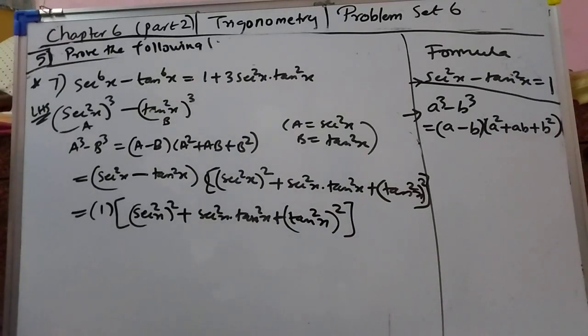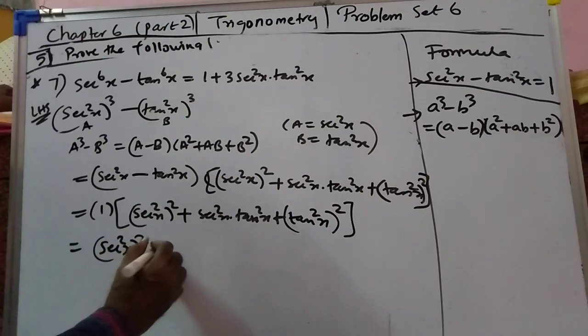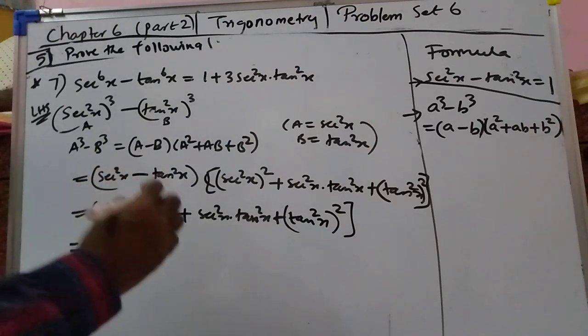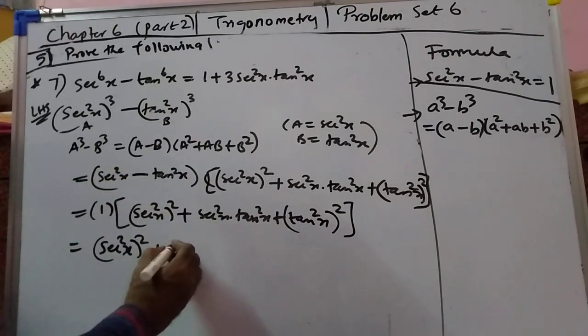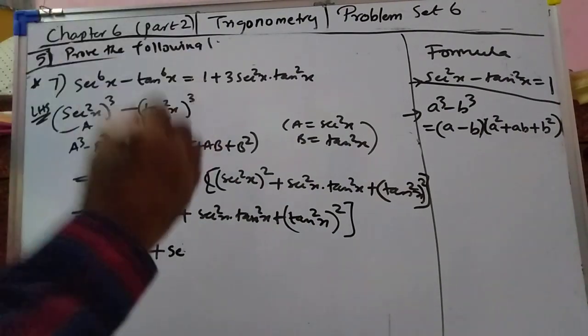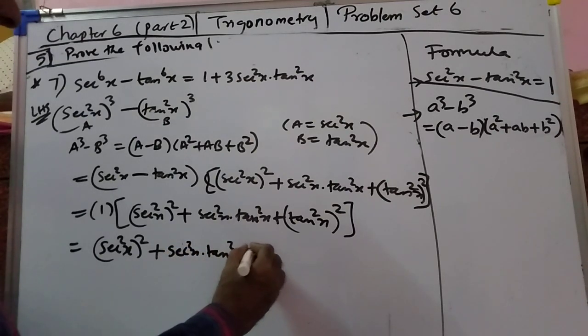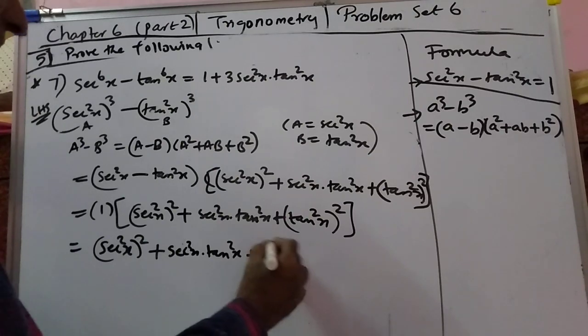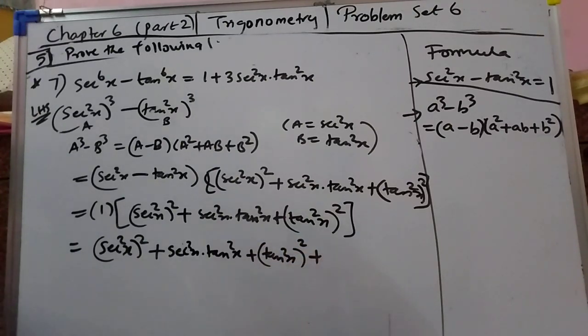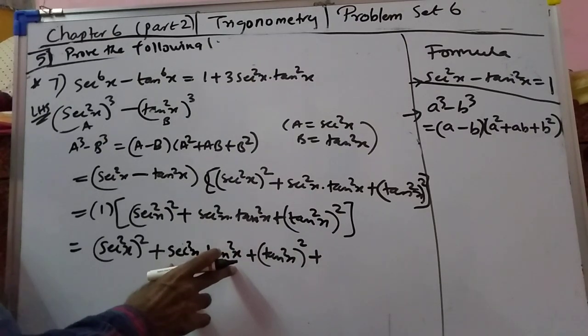Okay, so that will become sec square x the whole square plus, take it as sec square x dot tan square x plus tan square x square plus, here we will make it into the expansion formula.